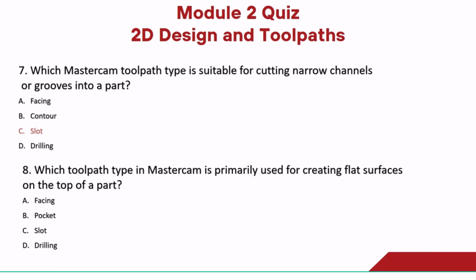The next question is, which toolpath type in MasterCAM is primarily used for creating flat surfaces on the top of the part? Option A, facing. Option B, pocket. Option C, slot milling.